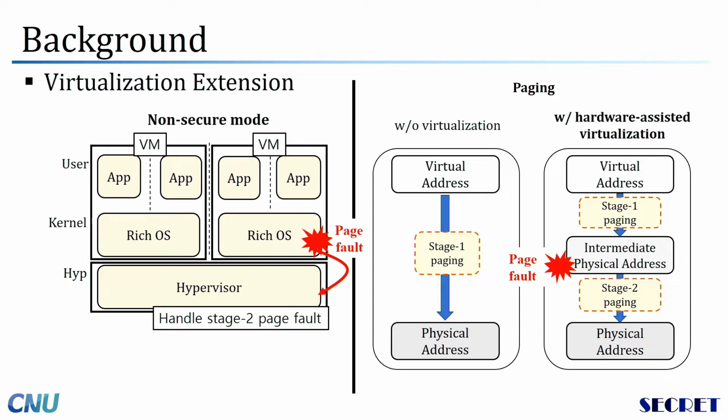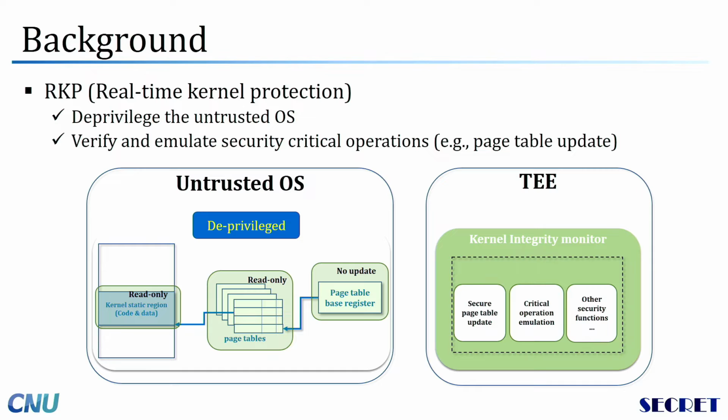This feature has been prevalently adopted by industry and academia to build various security applications such as kernel integrity monitors and application shielding. As an example application of the TEE, the real-time kernel protection, RKP, technology leverages the TEE to isolate itself from the untrusted OS.